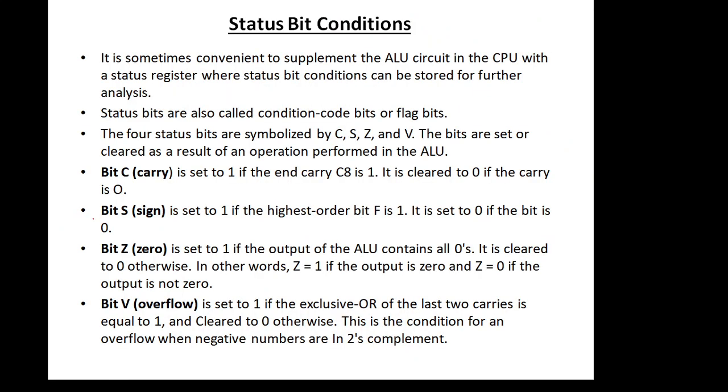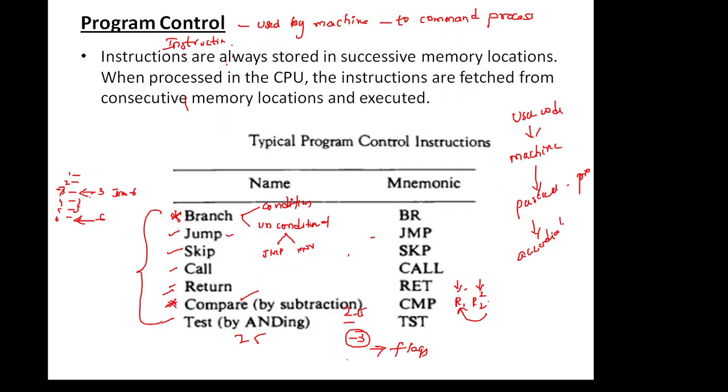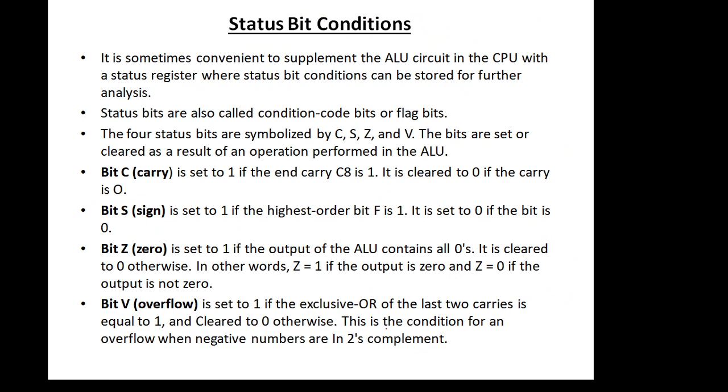And the next important topic is status bit conditions. As I said in the previous example, the result was minus 3, so the corresponding flags will be set. What the flags are, and the diagram of the status of the different flags, we are going to see in these status bit conditions.